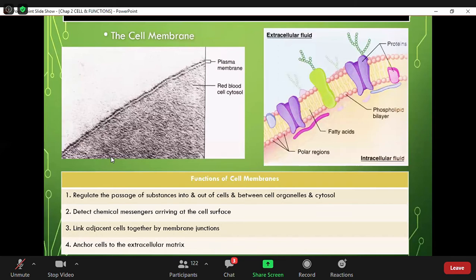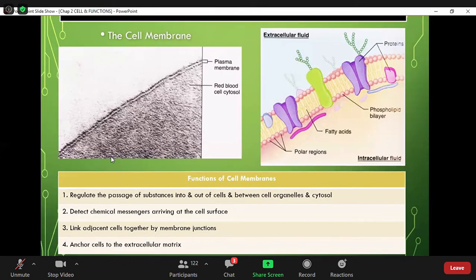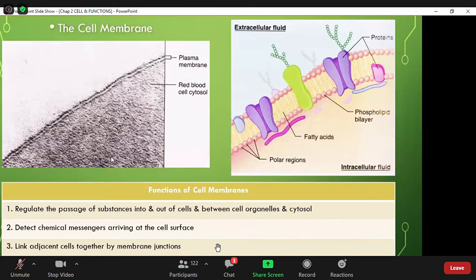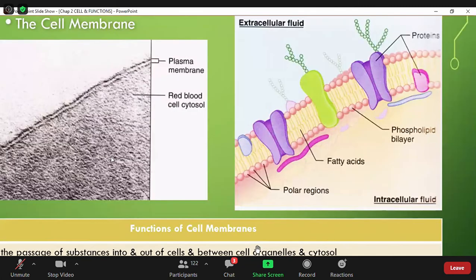This is your cell membrane. You have two types of proteins, the integral protein and the peripheral protein.